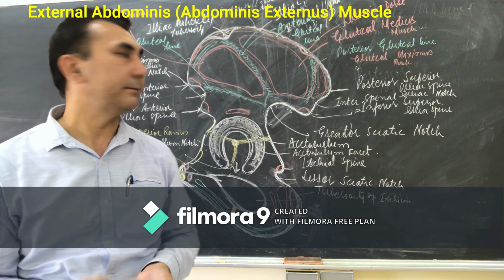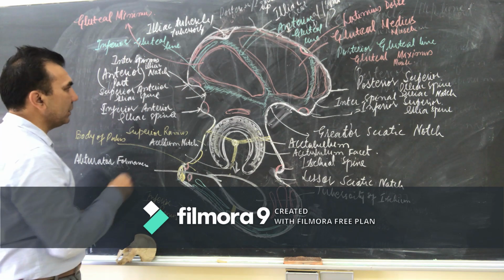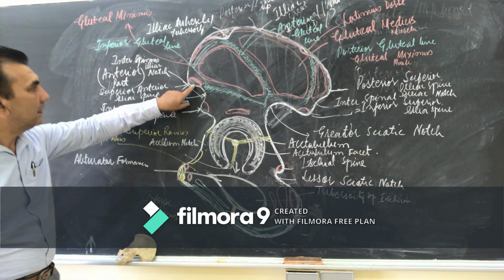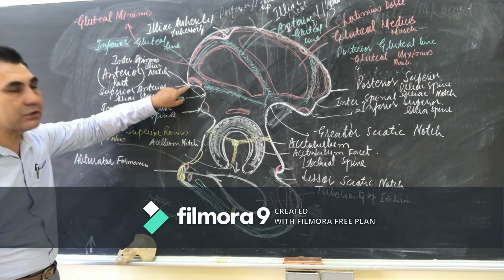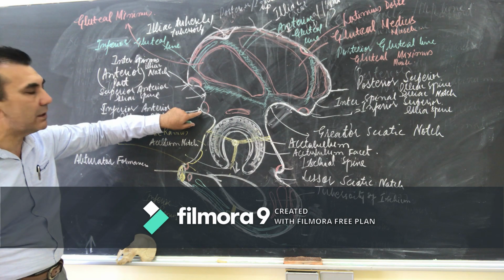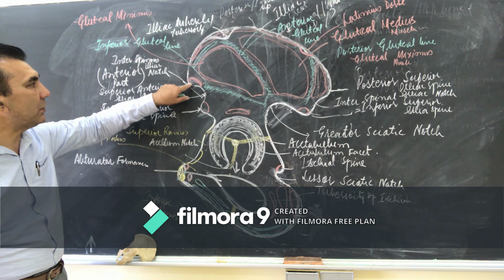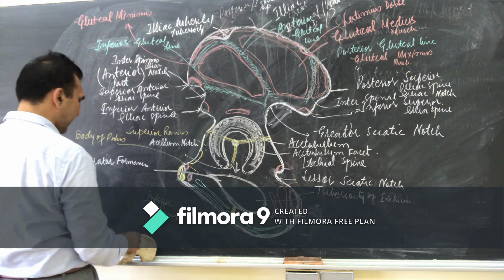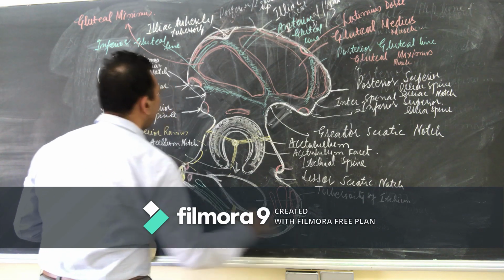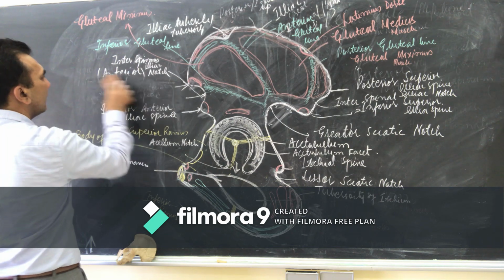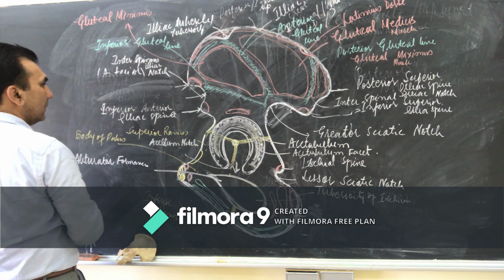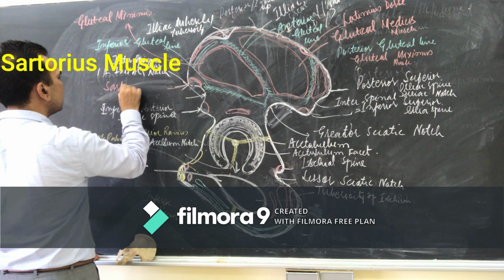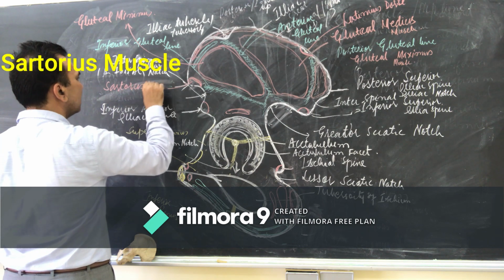Now, this is the anterior superior iliac spine, and this is the anterior inferior iliac spine. On the anterior side of the anterior superior iliac spine is the attachment of the sartorius muscle.